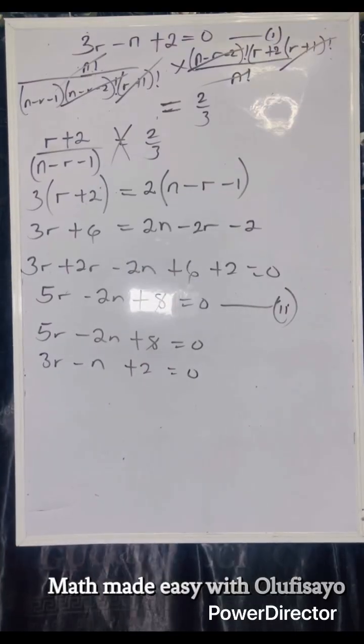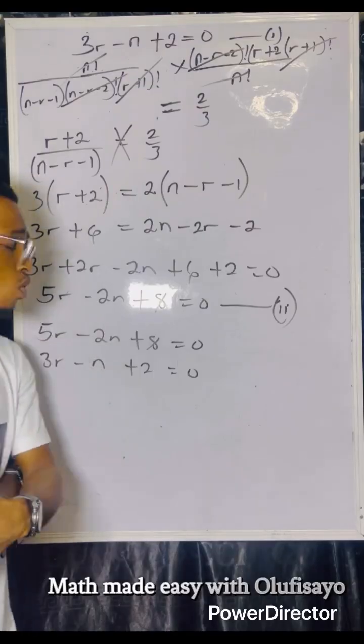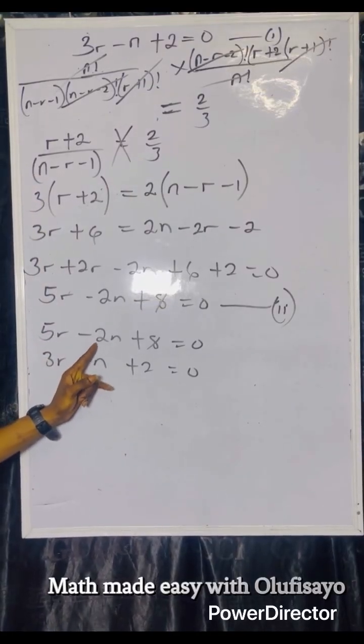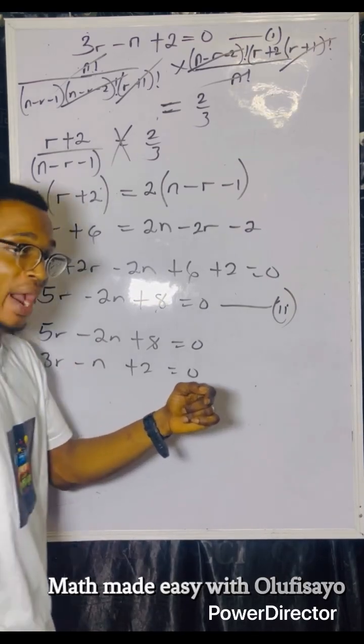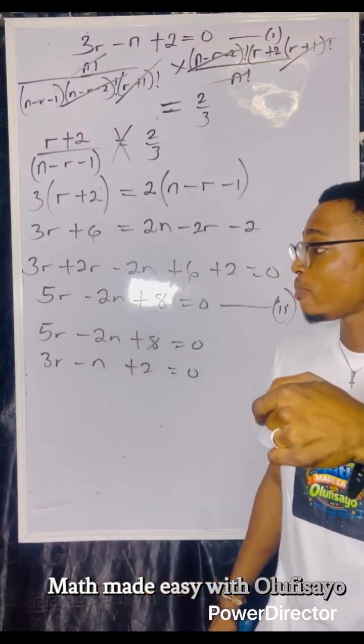Now I want to use the elimination method. I want to eliminate n. What do I need to do? You can see that the coefficients of n in equation 1 and equation 2 are not the same. So I need to make them uniform by multiplying each equation by the coefficient of n in the other.